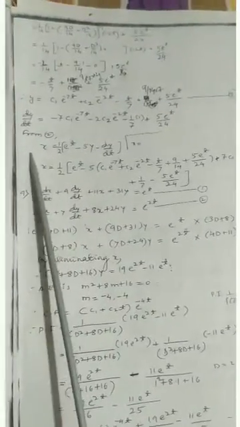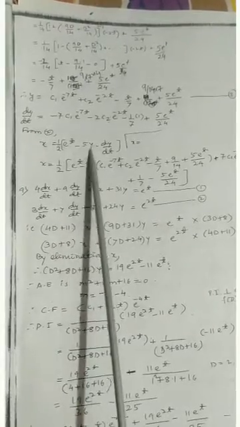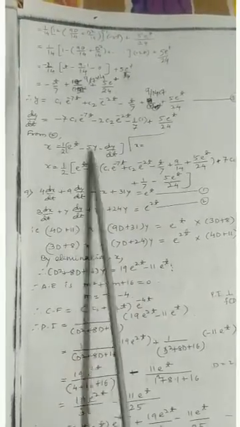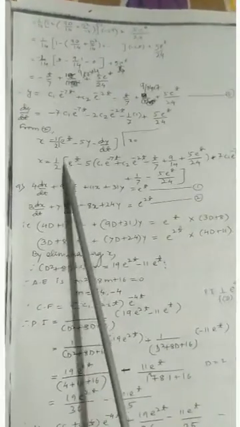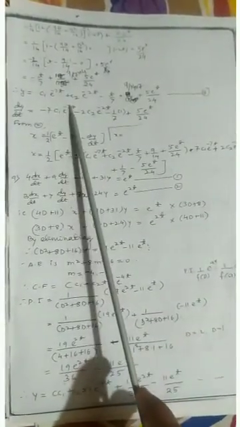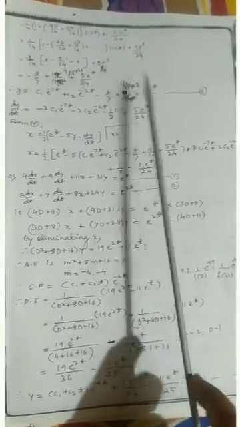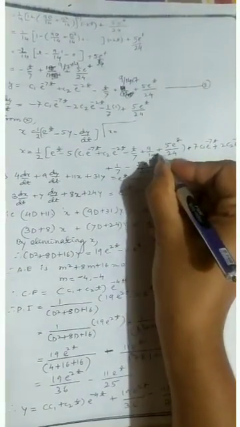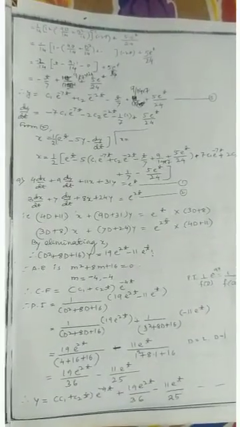I am putting it here directly; you will solve this yourself. We get the solution as x equals 1 by 2 e to the power t minus 5y minus dy by dt. Here, 1 by 2 e to the power t as it is, 5 times the y value, which is C1 e to the power minus 7t plus C2 e to the power minus 2t minus t by 7, then 9 by 14 into 7, plus 5 e to the power t divided by 24.